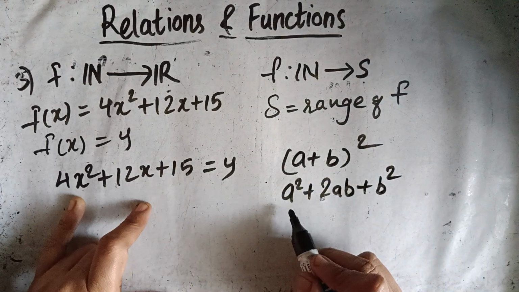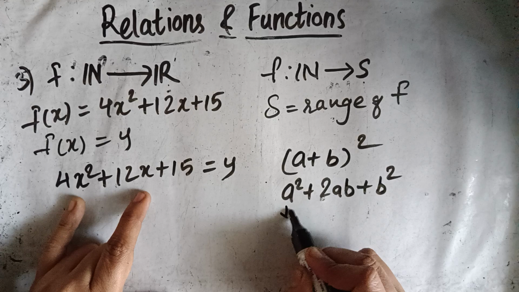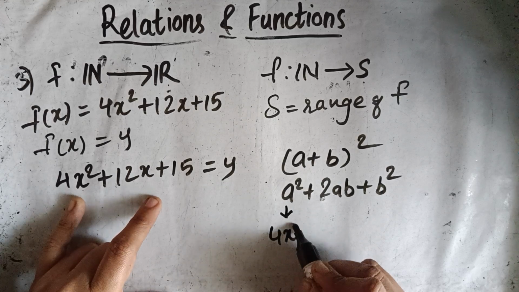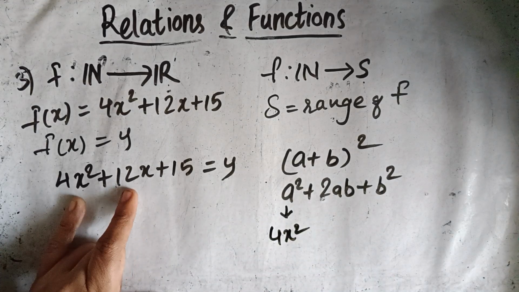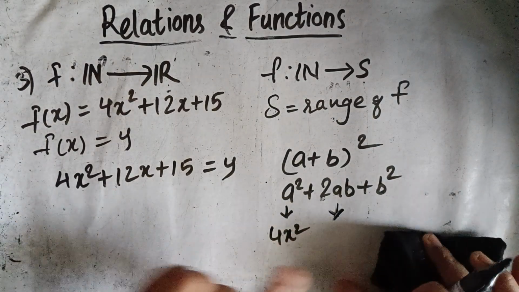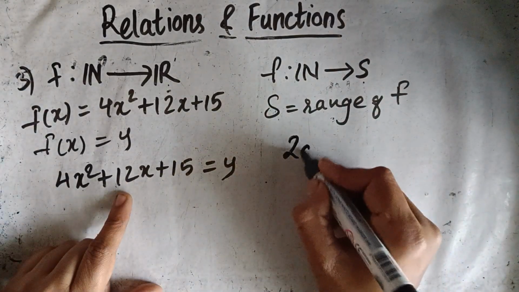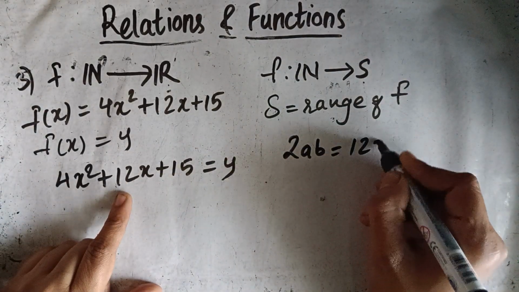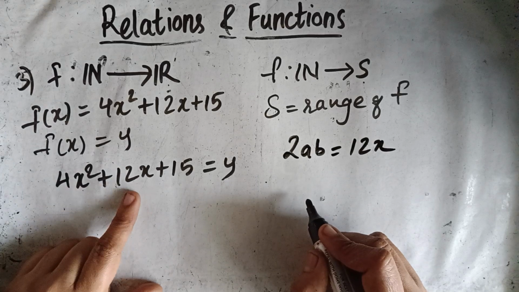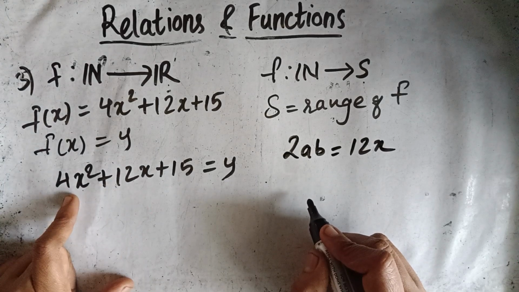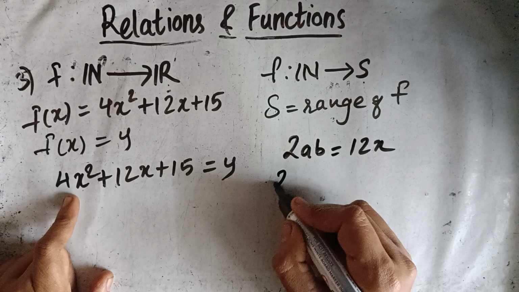So we have here a square which is 4x square, and your 12x is 2ab, so you have to find b. 2ab is your 12x, where 2x becomes your a.